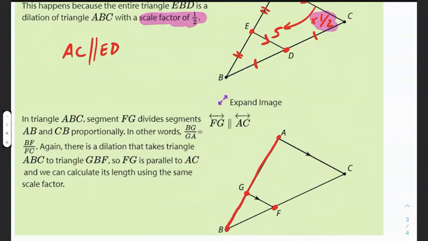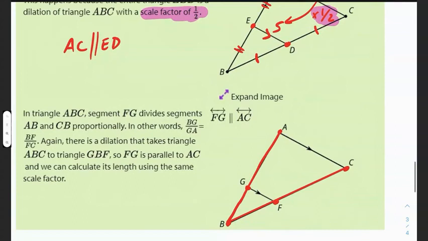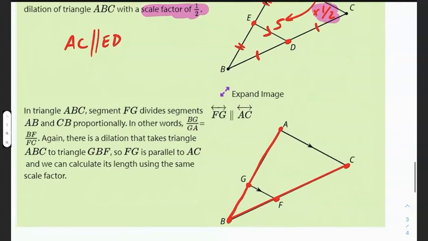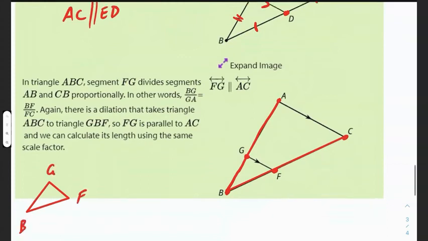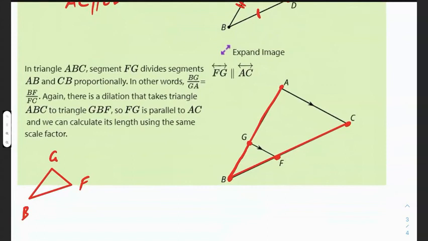And CB proportionally. Okay, so that means we have technically two triangles here, right? We have a smaller triangle, triangle BFG, comparing itself to the larger triangle.